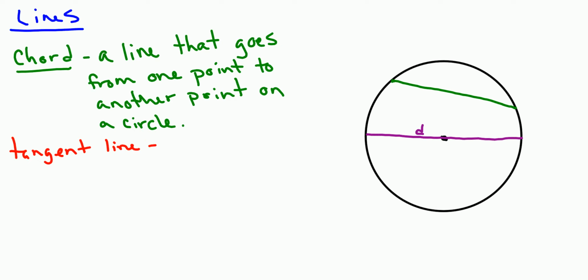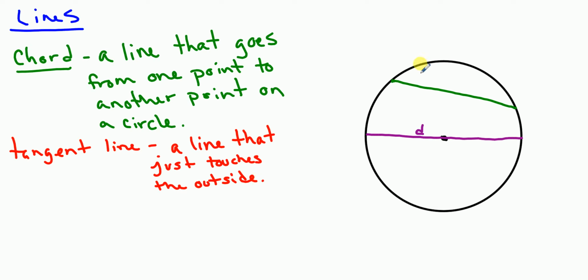And that's a line on the outside of a circle that just touches the outside. Okay, so that would be a tangent line.